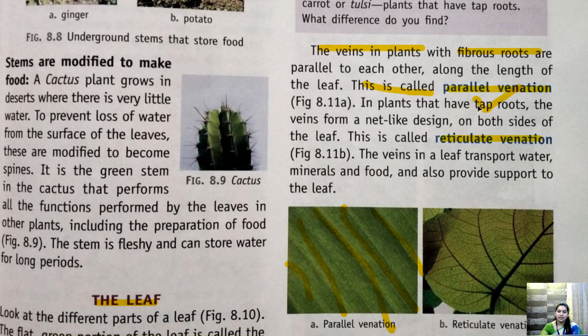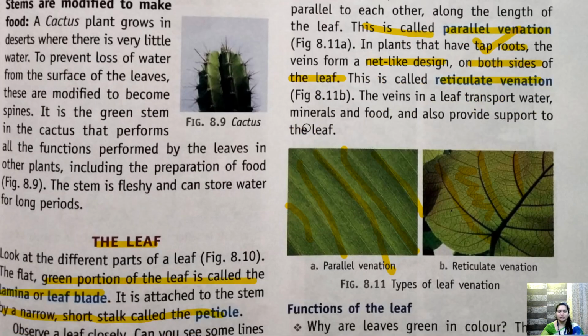In plants that have a taproot, the veins form a net-like design on both sides of the leaf. There, a net-like design is present, and this type of venation is there. Here a net-like structure is present. So it is called reticulate venation. The veins in a leaf transport water, minerals and food and also provide support to the leaf.